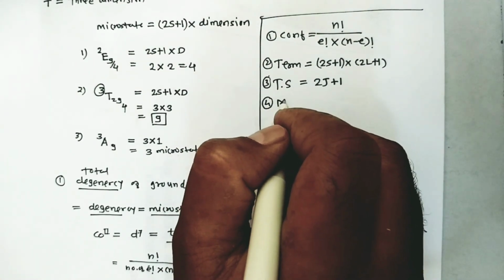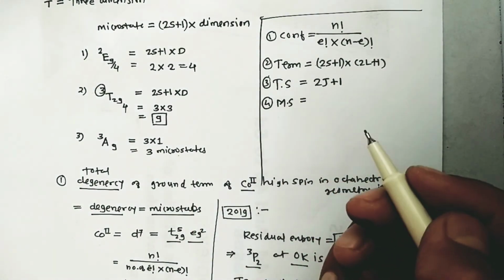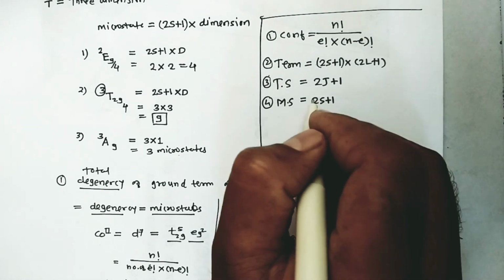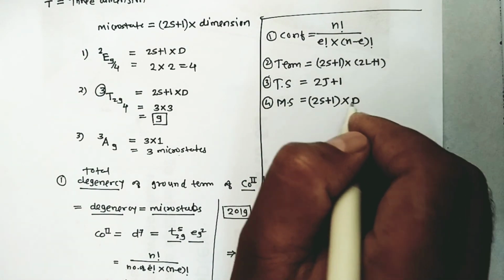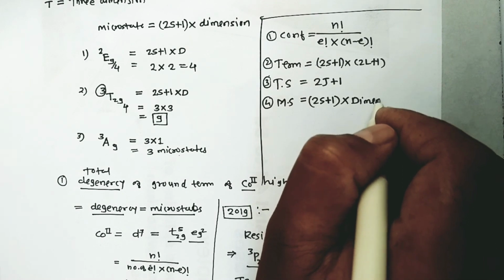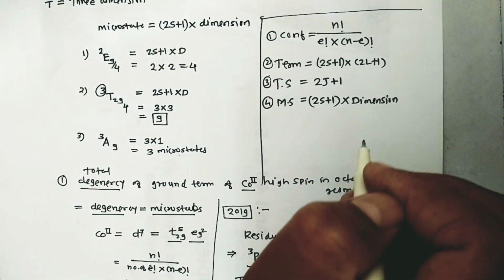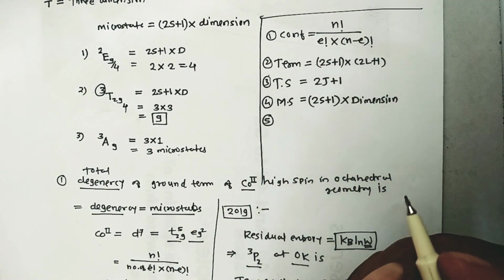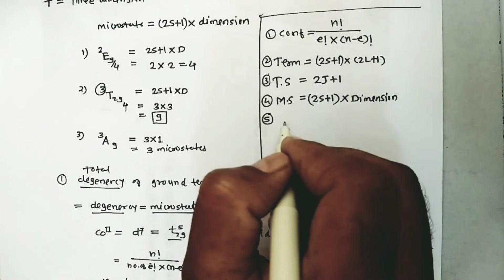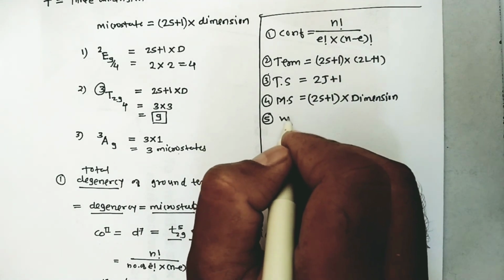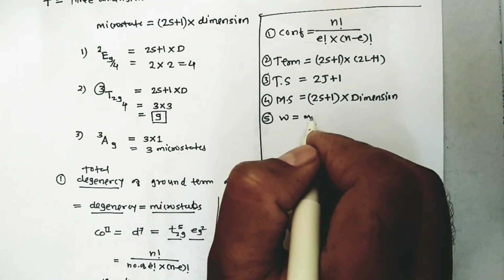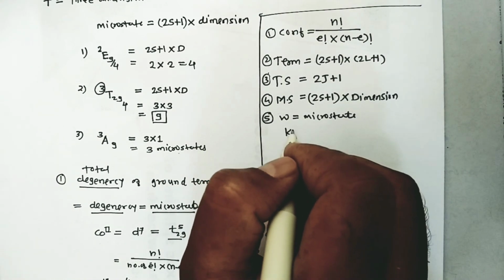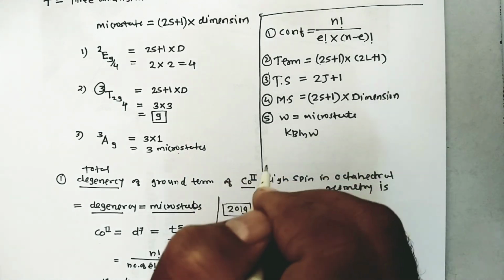When the Mulliken symbol is given, then you use 2S plus 1 into dimension. And when residual entropy is asked, the formula is kB ln omega, where omega is the number of microstates.